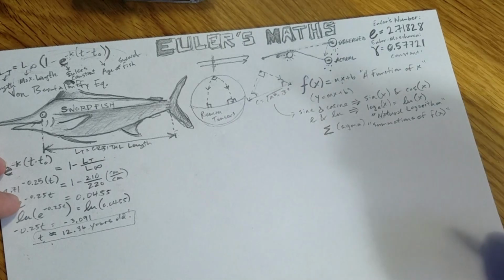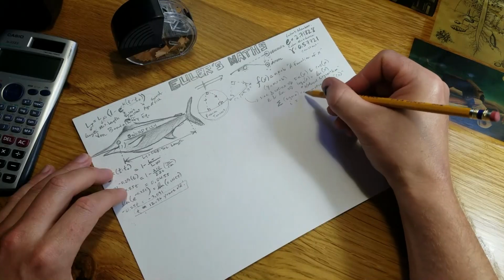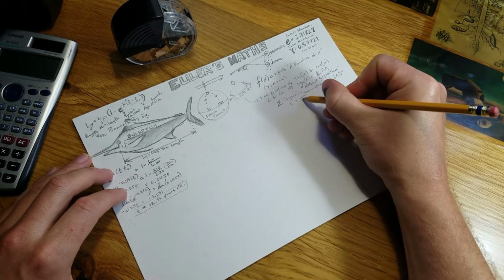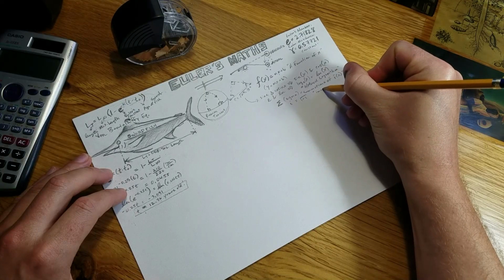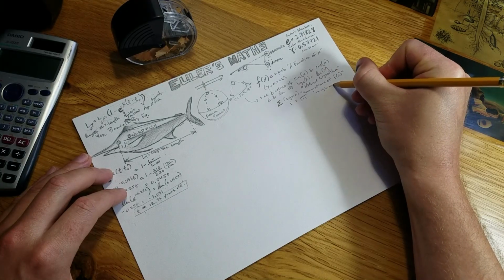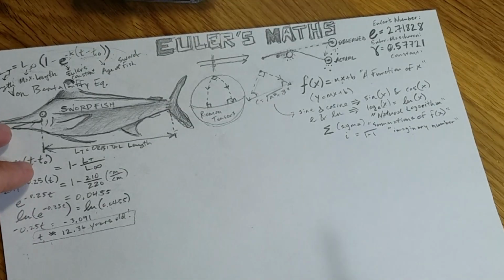He used the letter i to represent the square root of -1, or the imaginary number, also known as complex numbers.